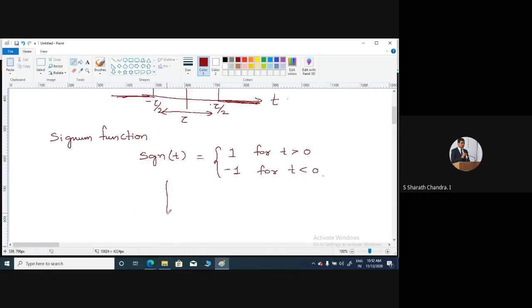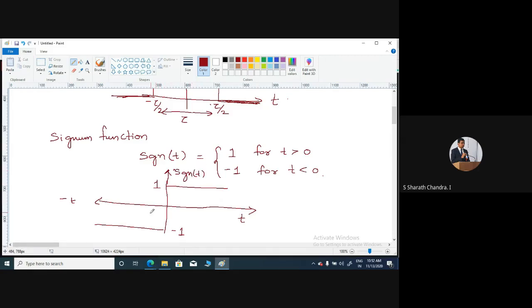In the graphical representation, this signal takes the value of 1 for all positive values of t, and minus 1 for all negative values of t.